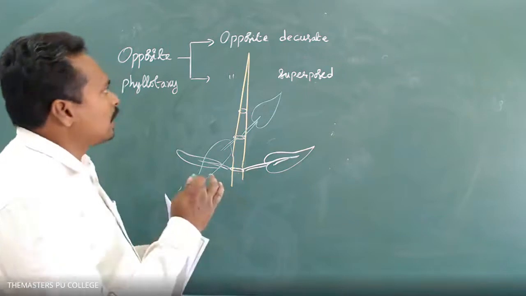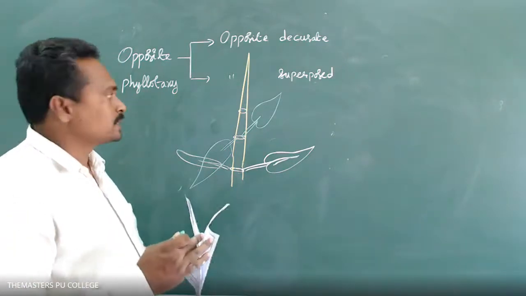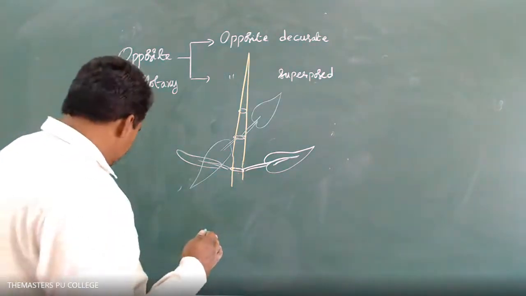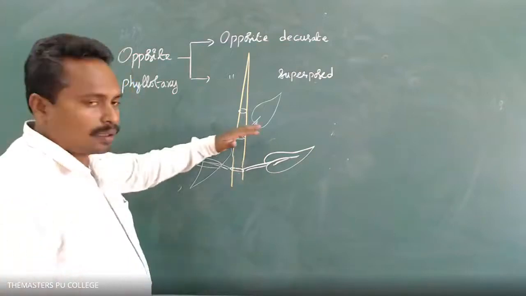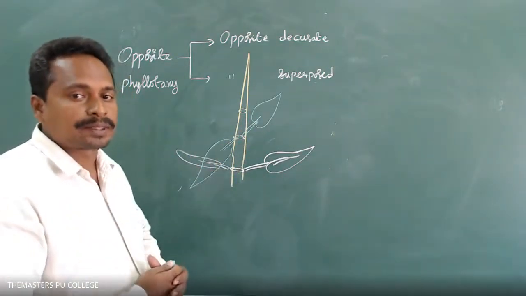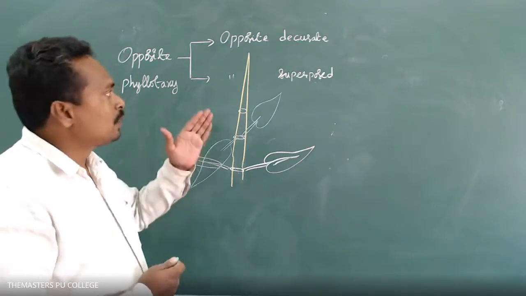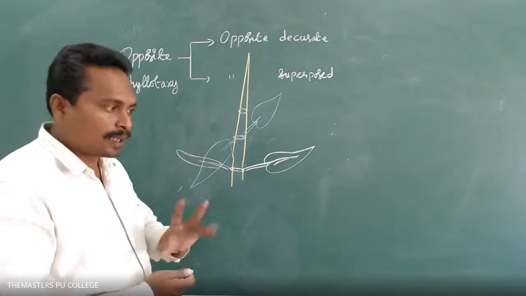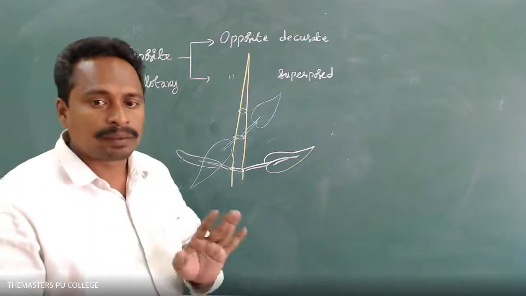Whereas in opposite superposed phyllotaxy, one pair of leaves lies directly over the next pair. As per NCERT, subtypes are not given.